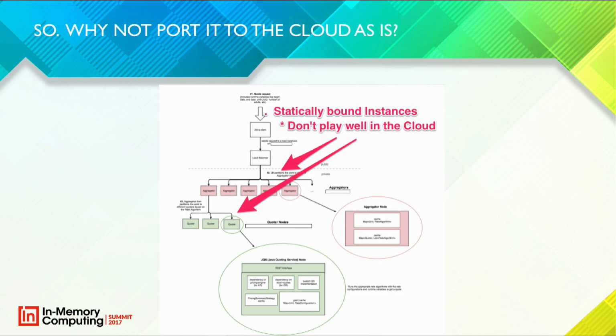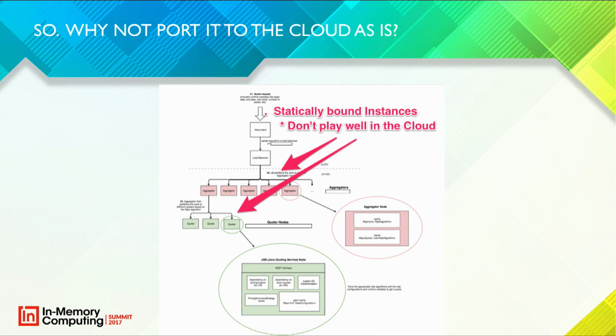So I'm sure those of you who paid attention could see why this would be complicated, to take this terrestrial app up into the cloud. First and foremost, the stuff's statically bound together. You've got a statically bound VIP, and then underneath that, you've got a statically bound set of quoters that know what shards or what group of data they're working on.